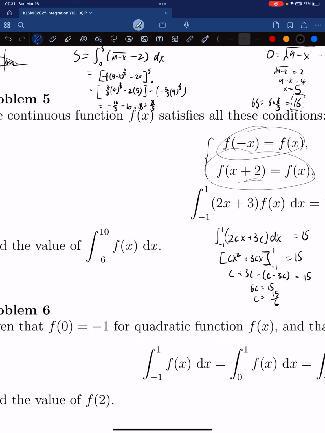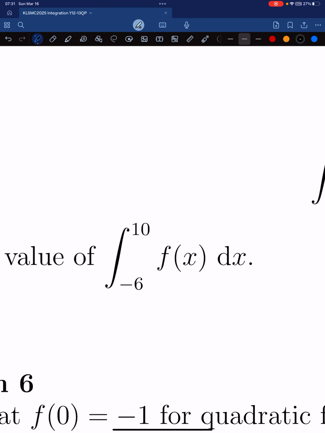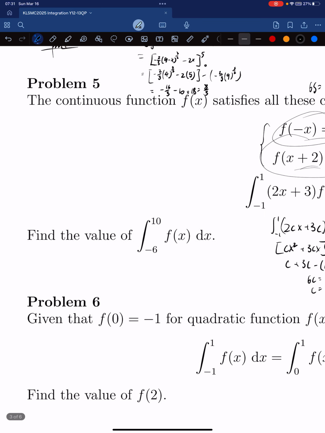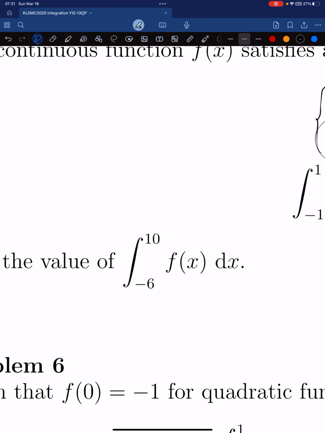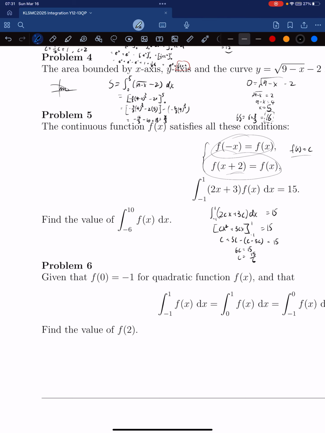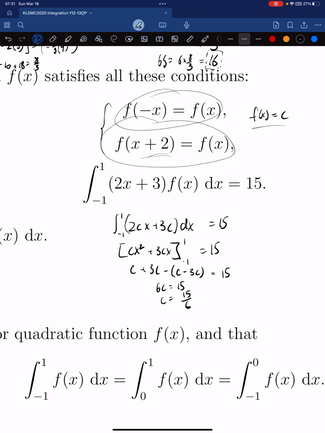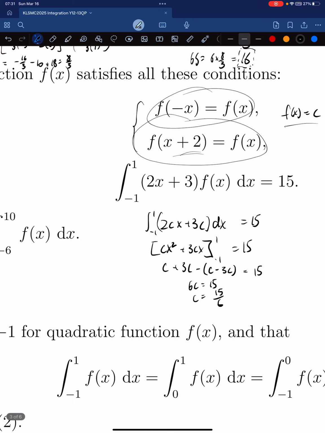Right. And now we want our integration from -6 to 10. So f of x equals 15 over 6.